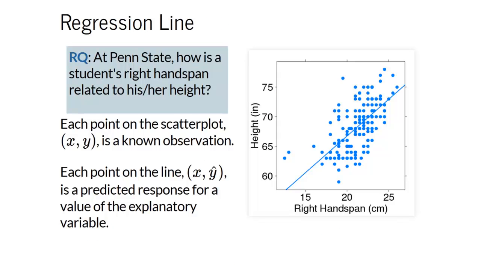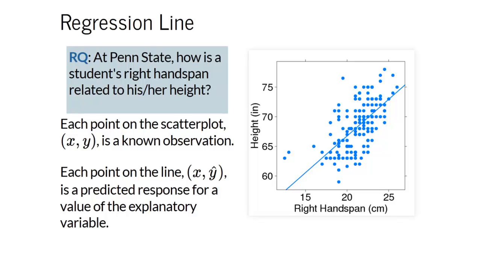Let's see how the regression line is useful in answering the following research question. At Penn State, how is a student's right hand span related to his or her height? We've plotted the scatter plot here along with the regression line. We know that every point in the scatter plot is a known observation. In other words, every point in the scatter plot represents an individual from the data set.